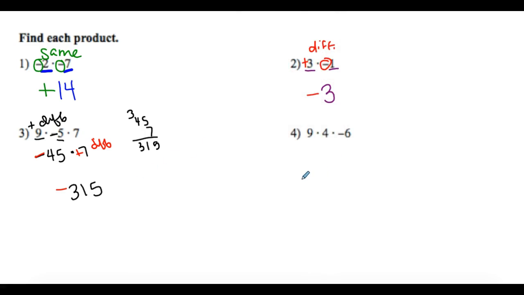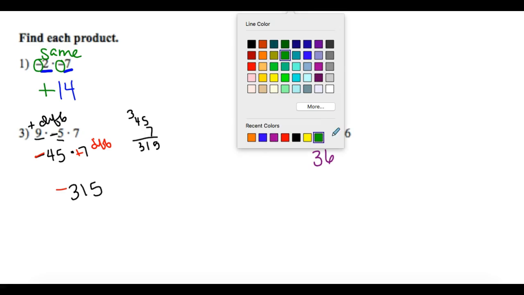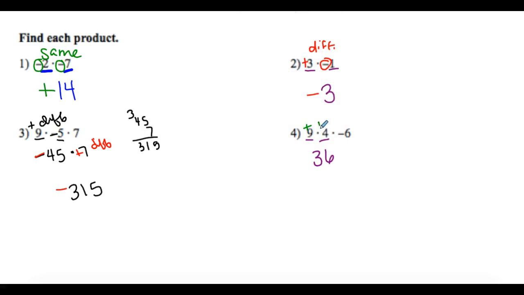Okay, one last multiplication example. 9 times 4 is 36. When I check out my signs, I have a positive and a positive. Those are the same, and because they're the same, that's a positive. Then I still need to multiply by this negative 6.